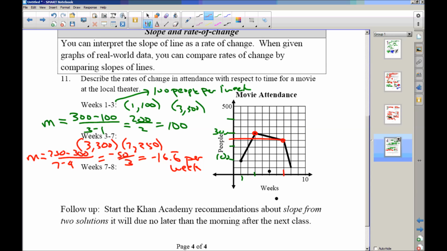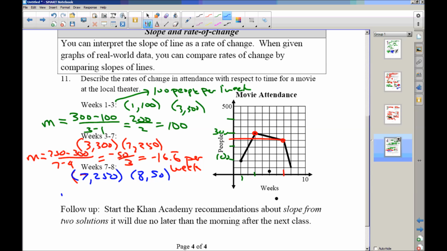Okay, so at first there weren't many people attending the movie, but then our rate of change increased, so we got lots of people, so it's growing quickly. And now from weeks 3 to 7, it's going down slowly, so fewer people are coming. And then from week 7 to 8, we go from 7 and 250, and we end up at week 8 having only 50 people come.